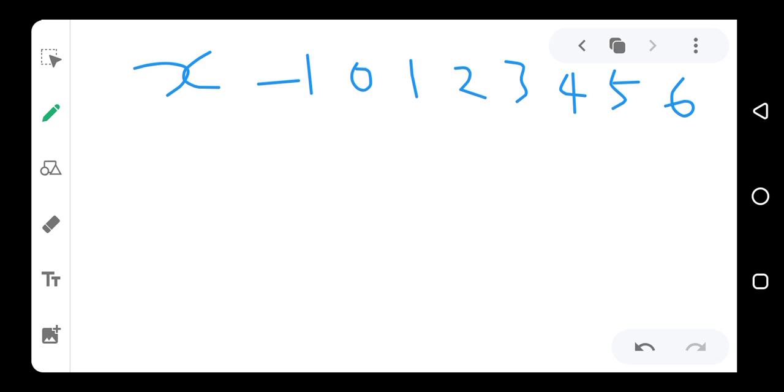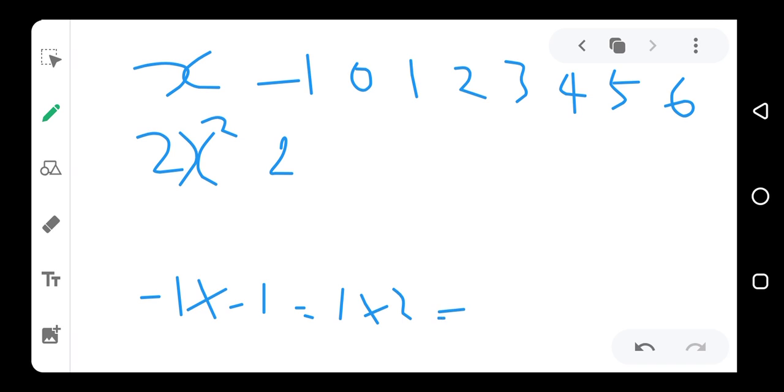So here, for 2x raised to power 2, for minus 1, it becomes minus 1 raised to power 2 times 2. Minus 1 raised to power 2 times 2 is going to give us 2. That is minus 1 times minus 1, which is equal to 1. 1 times 2 is equal to 2. So we have 2.